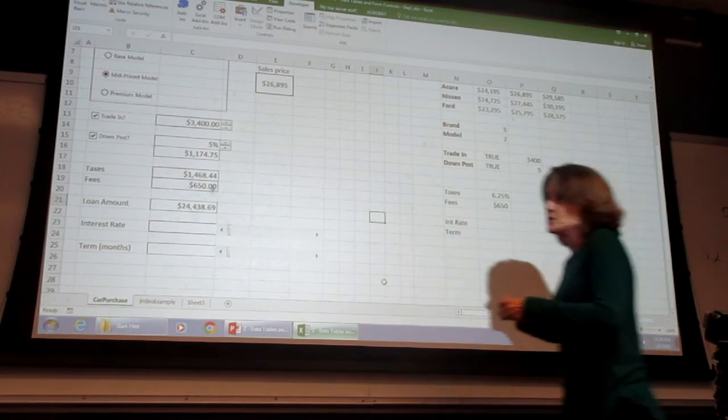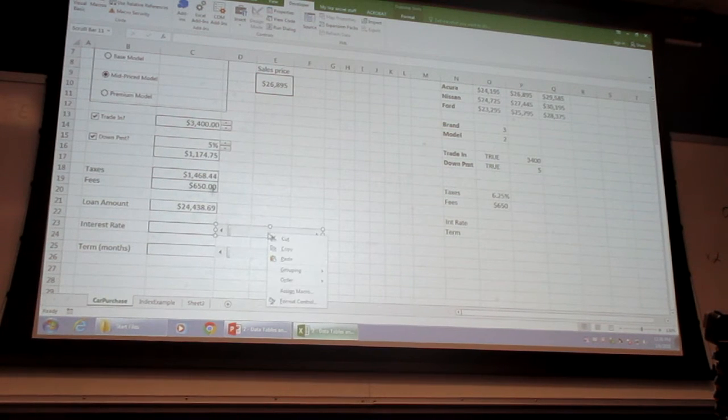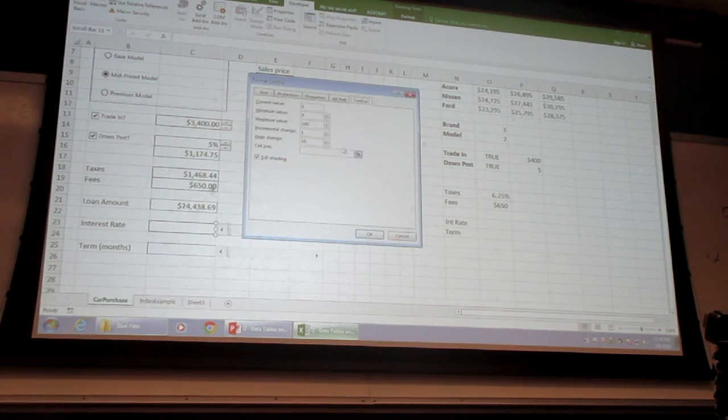So when I specify this scroll bar right here, I'm going to say its minimum value is 0, and its maximum value is 20. And it steps by 1. It doesn't step by 0.5. It goes from 0 to 20 and steps by 1.